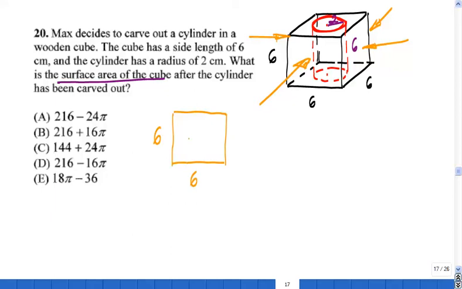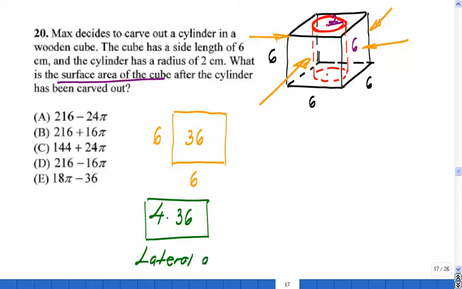Well, 4 squares with a side of 6, which makes it 36 each. Because I have 4 of them, it will be 4 times 36. This is the lateral surface area.